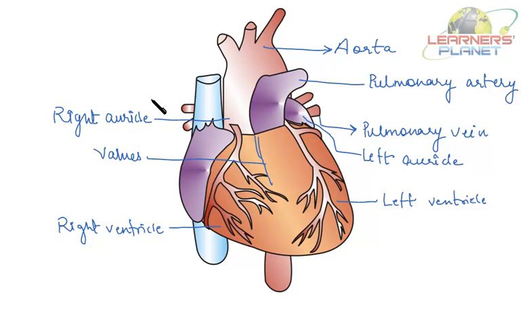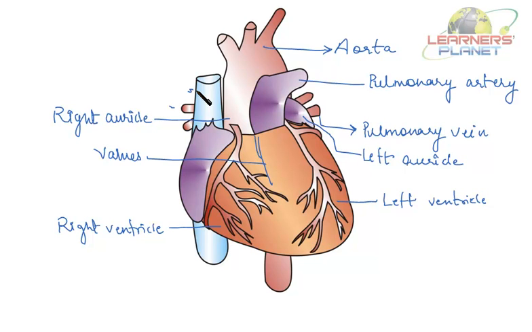So these are some of the very important labelings which you need to remember, right? This is again the pulmonary vein, and this is the pulmonary artery, right? So we need to study about all these.